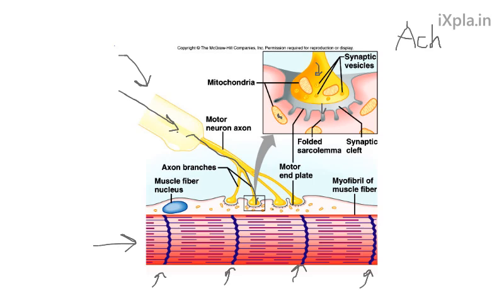So this action potential has a few layers of muscle to go through in order to get to the middle of the muscle. And this whole thing is called the neuromuscular junction, just the separation of the synapse and the muscle. So you have this action potential send acetylcholine. Acetylcholine crosses the neuromuscular junction to get to the muscle, and then acetylcholine causes another action potential to go into the middle of the muscle.